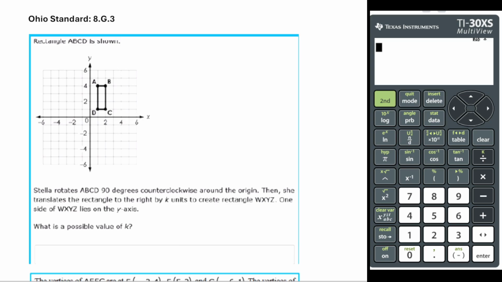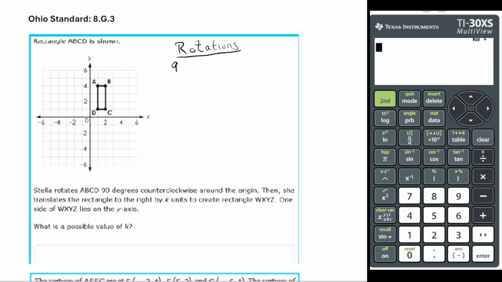Because it's talking about rotations, and rotations are easily the most complicated of all the transformations. You just got to try your best to remember the rotation rules.